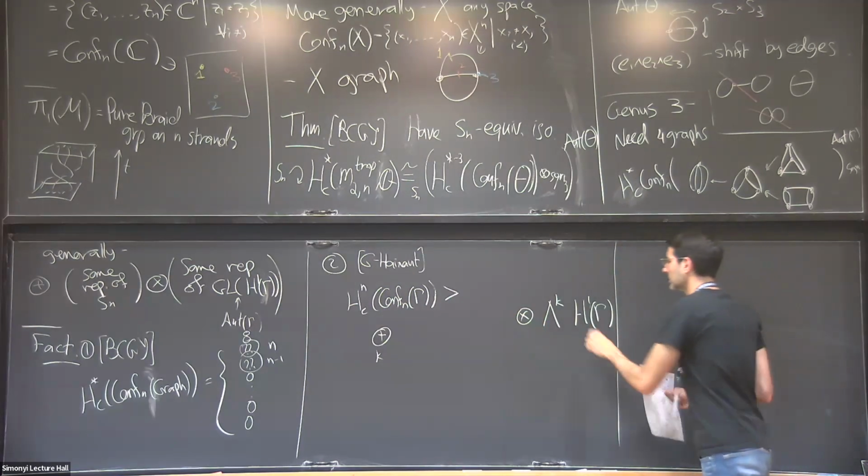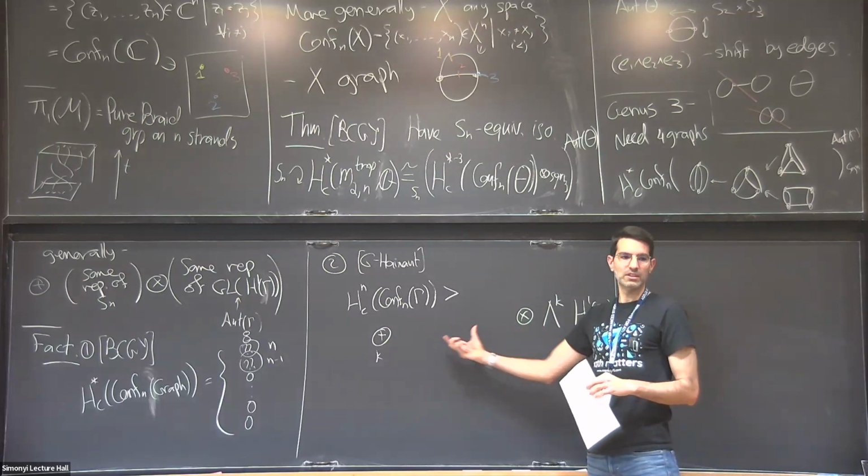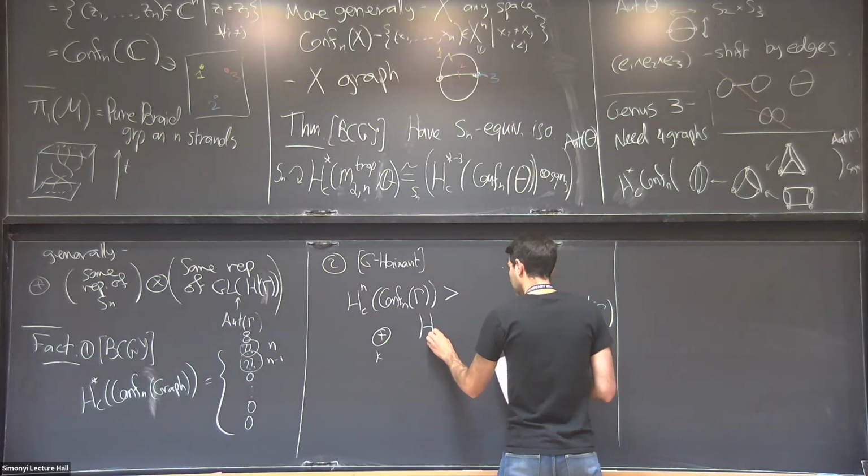This is a representation of the automorphism group of the graph, so I need to tell you some S_n representation that decorates it. And the representation that shows up is the following.